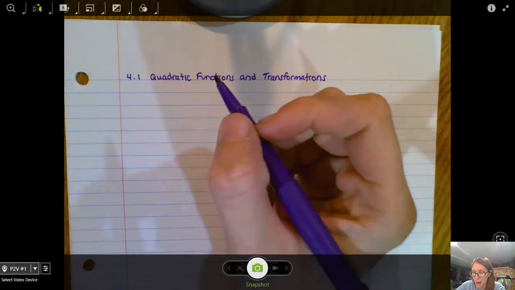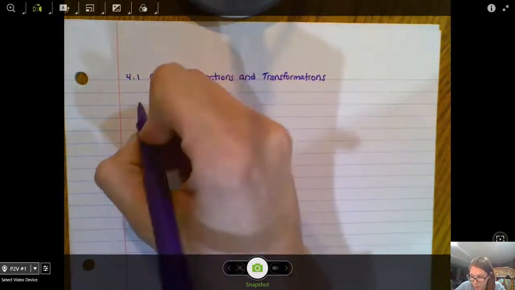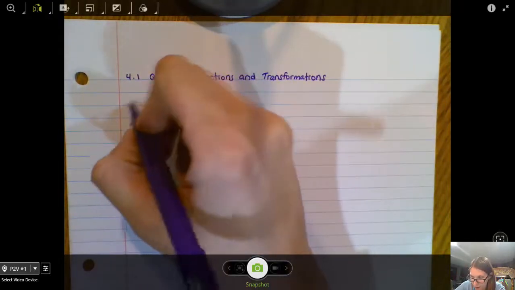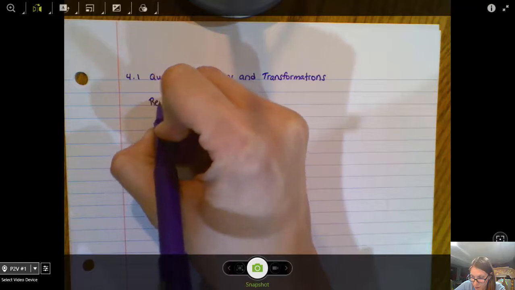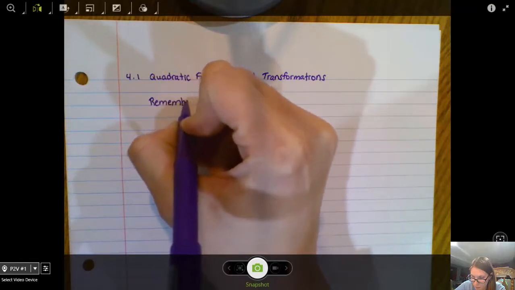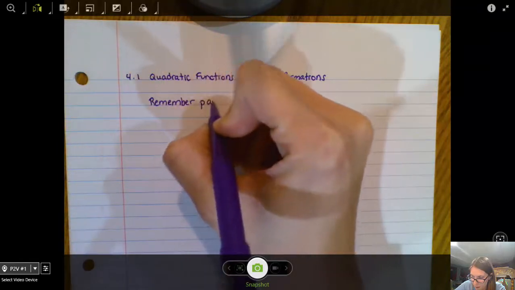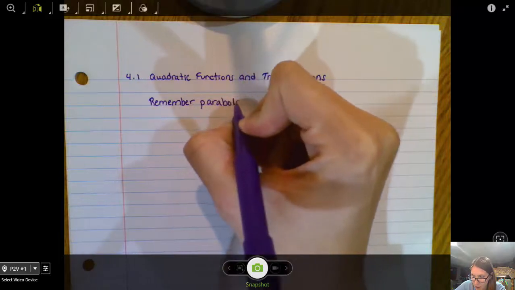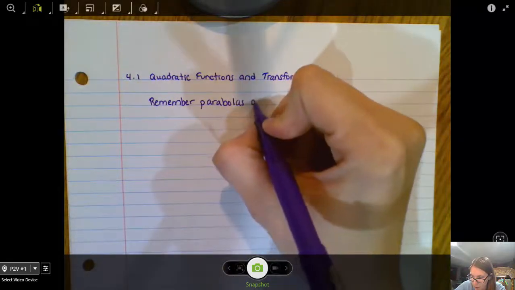Remember, parabolas are symmetric. Parabolas are quadratics. And the fact that parabolas are symmetric is pretty important.